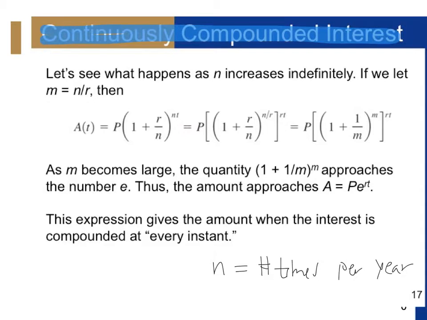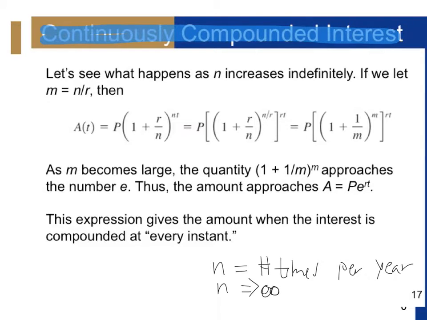If we're doing quarterly, n was 4. If we're doing daily, n was 365. Well, now for continuous compounding interest, we're kind of saying n is like infinity. Like we're constantly compounding interest. We'll say it's not exactly infinity, but it's approaching infinity, right?